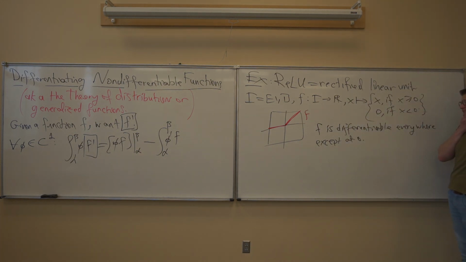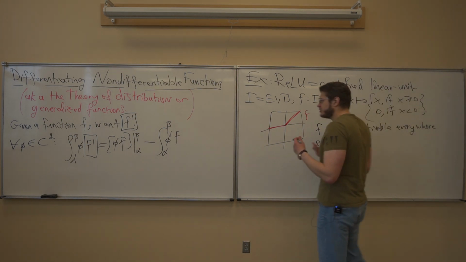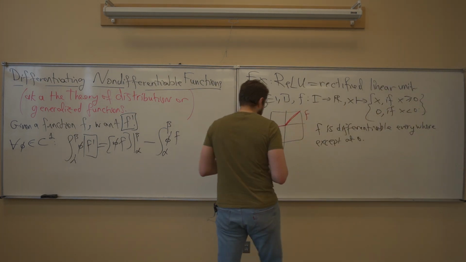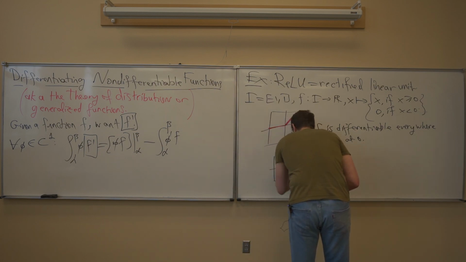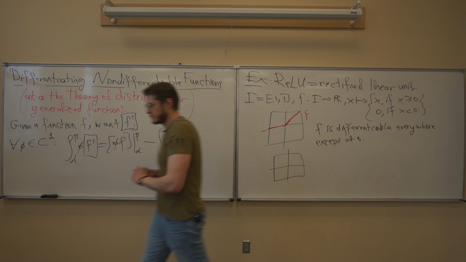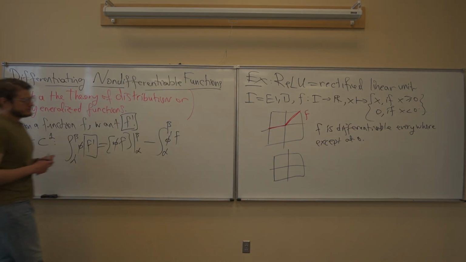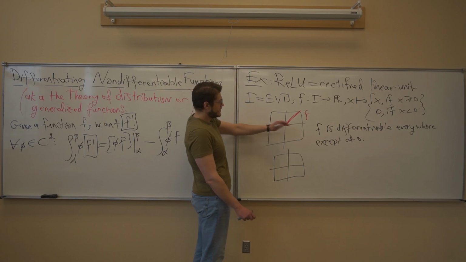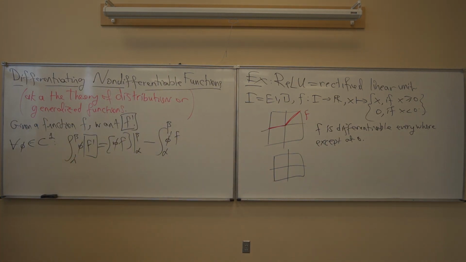Okay. But what I can say is that I can draw the derivative whenever it exists. If you forget about the origin, here, when x is negative, f is constant, so its derivative has to be 0.